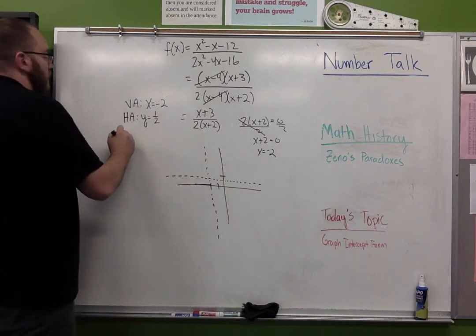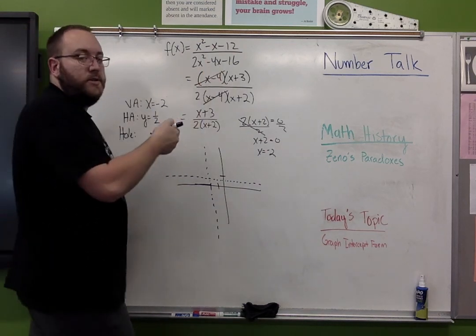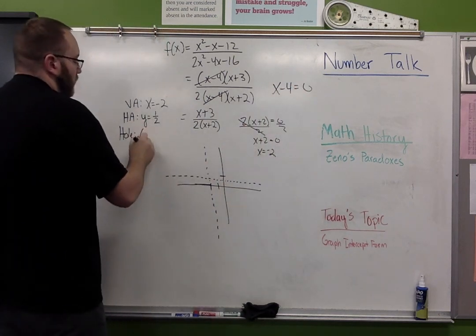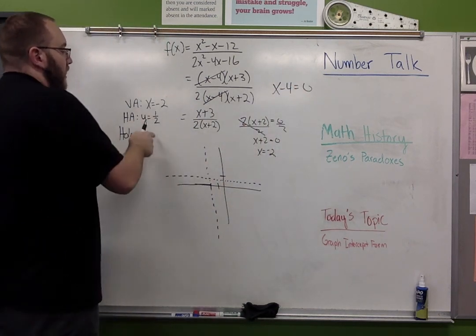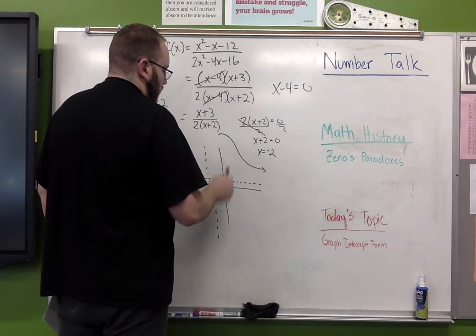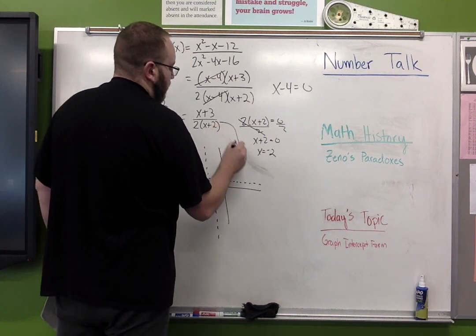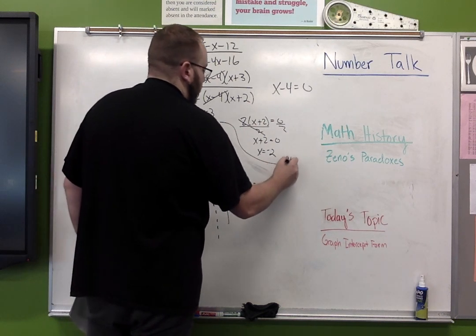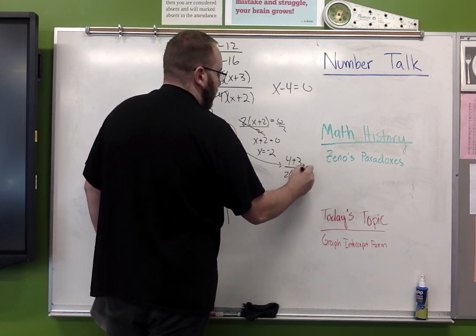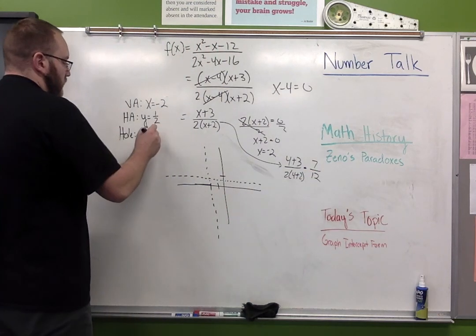Let's find our hole. Well, the factor I reduced was x minus 4. Set it equal to 0 to find the x value of your hole, which is 4. Plug that back in to the simplified form. So 4 plus 3 over 2 times 4 plus 2, which is 7 over 12.